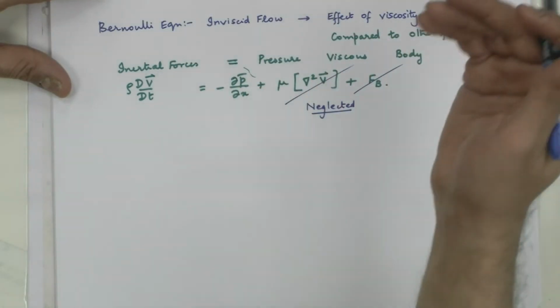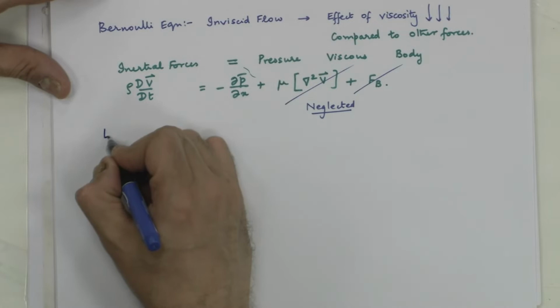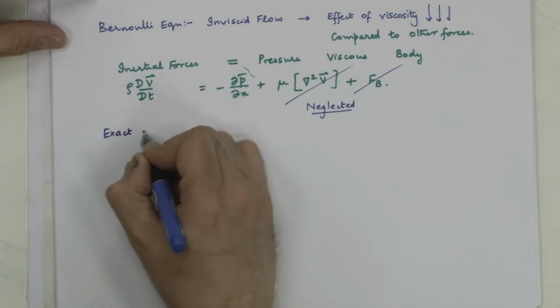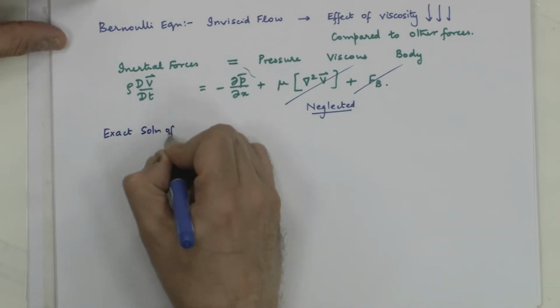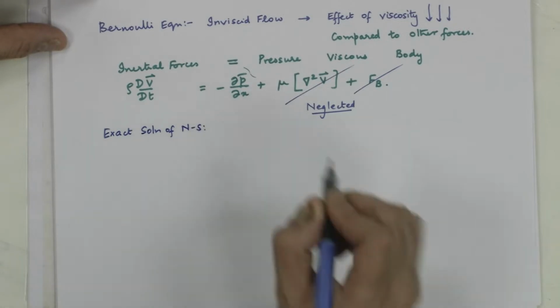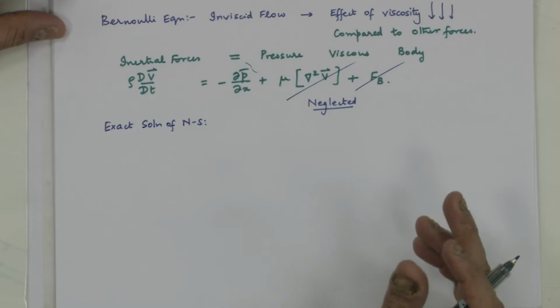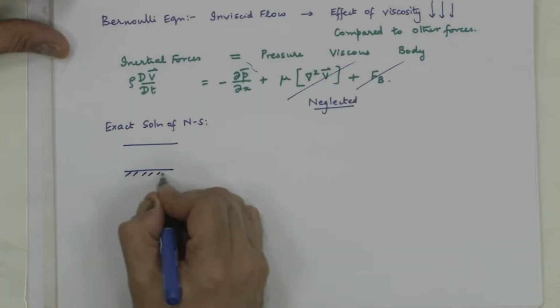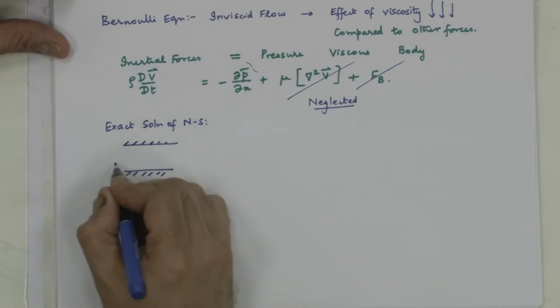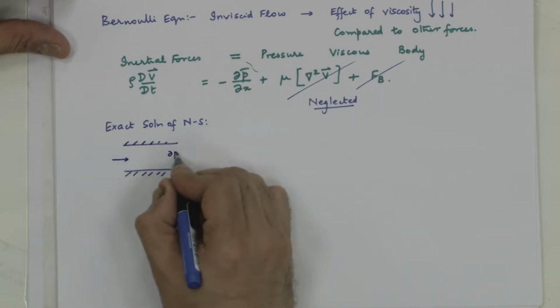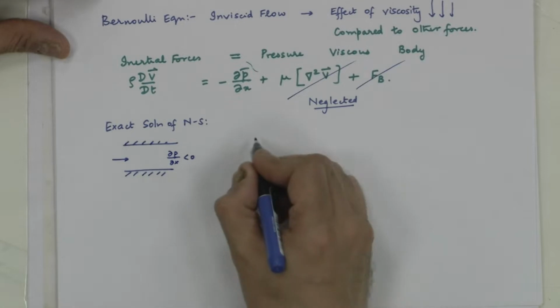When we tried to solve Navier-Stokes equation, we had exact solutions of Navier-Stokes equations, and we could see that solutions were possible only for 2 or 3 kind of problems, like we had this top plate moving, this plate fixed, and you were having a pressure gradient dP by dx less than 0.